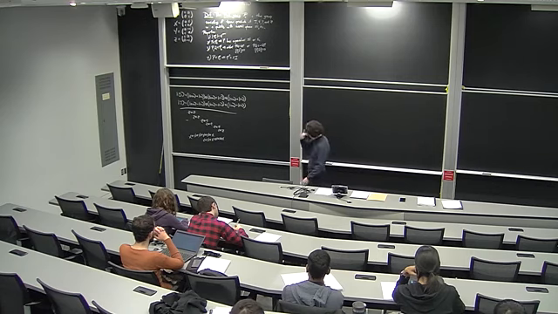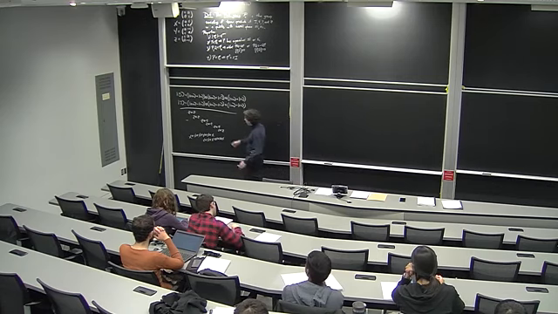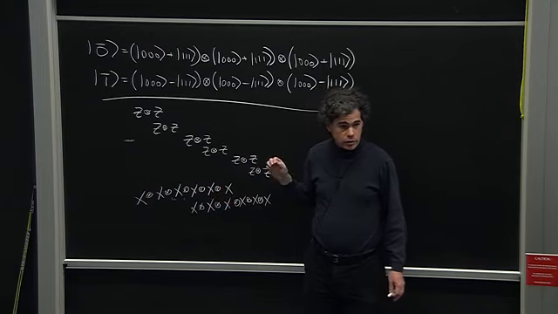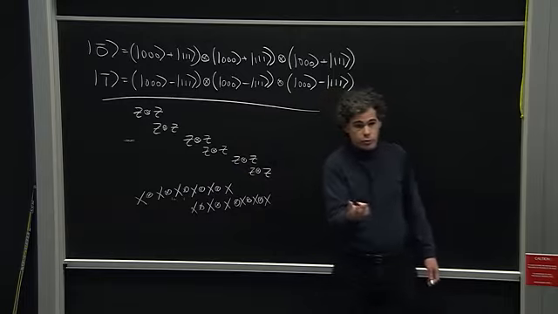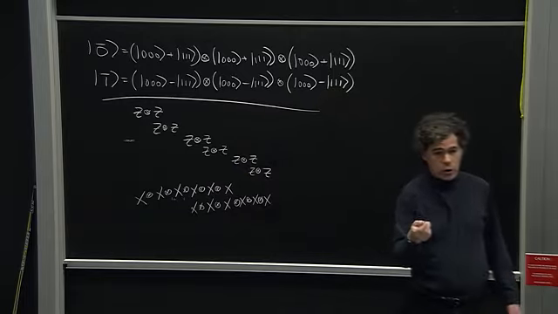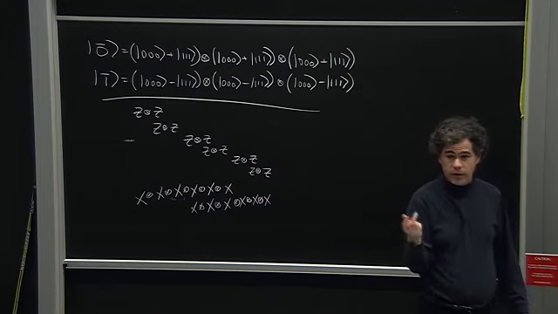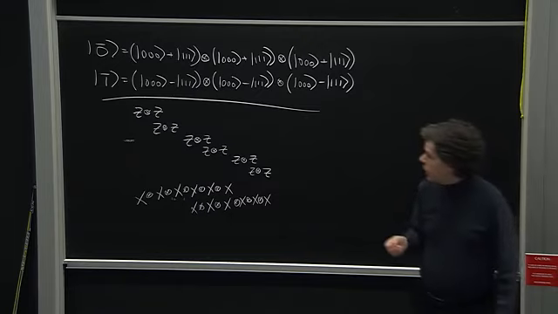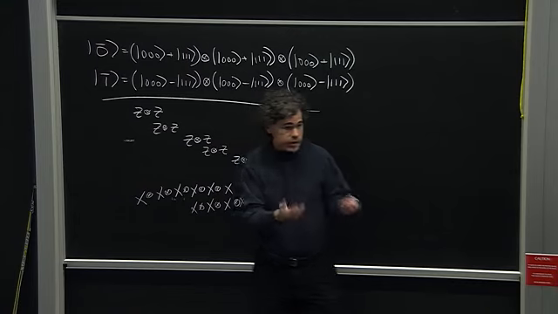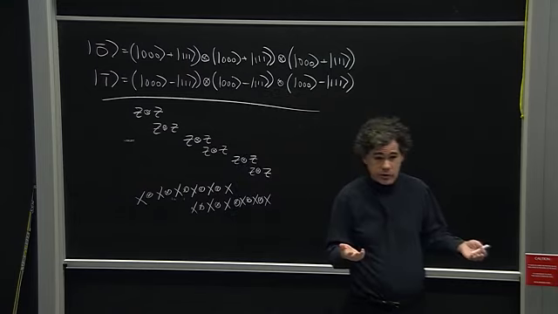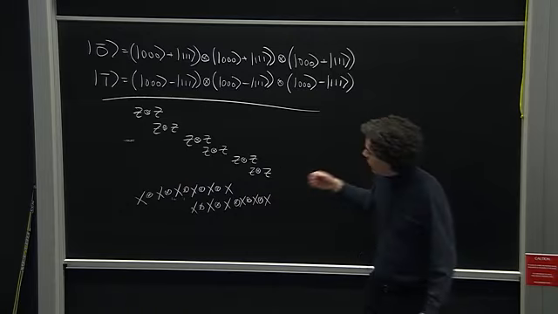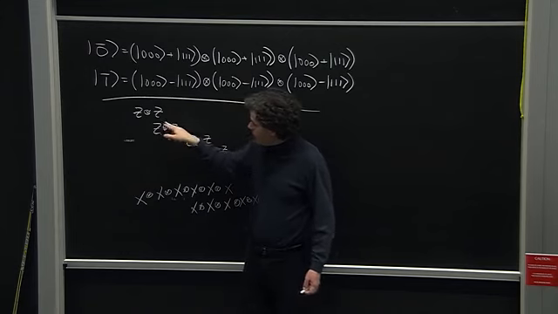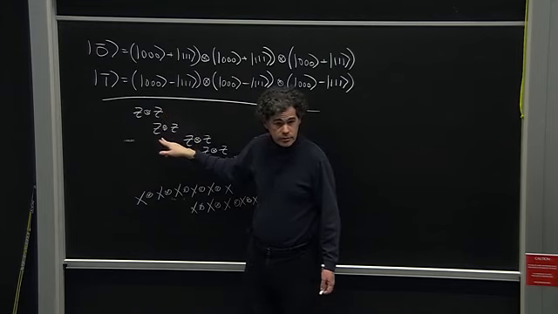So the next thing to point out is that this set of operators that I wrote down is not really unique. For instance, instead of asking if the first two qubits are the same or different, I could have asked about the first and third qubits. Clearly that would have worked just as well. If the first and third and the second and third are the same, then the first and second are the same. In terms of this, we get the first and third by the product of this and this.